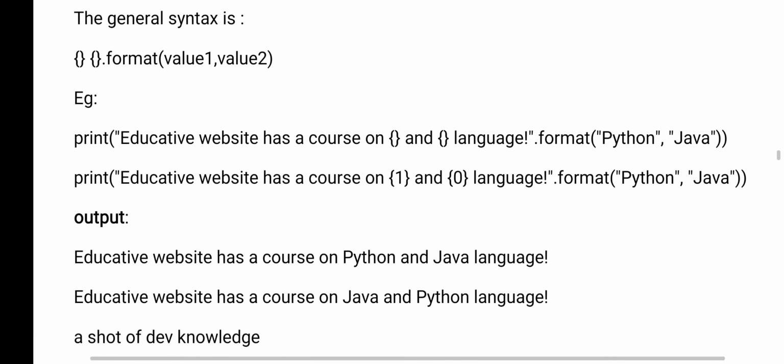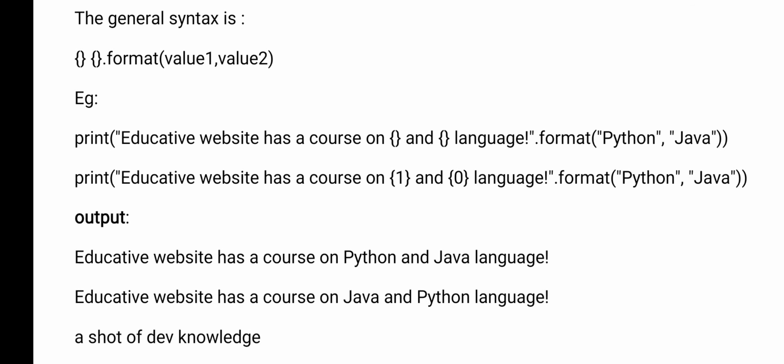Here you see, print "educative website has a course on {} and {} language".format. The first placeholder is filled with Python, the second with Java. So when you print this, you get: educative website has a course on Python and Java language.